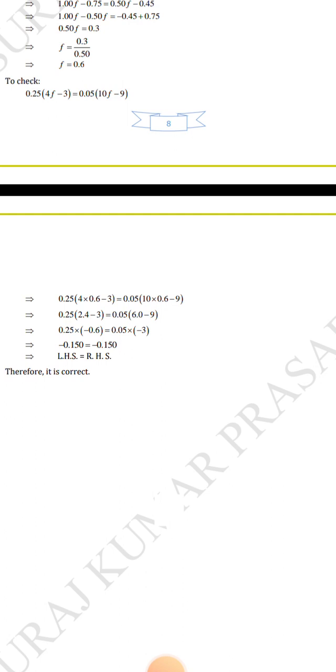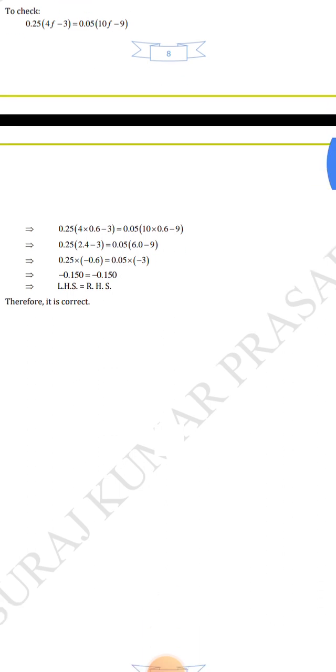Then we get 0.25 into minus 0.6 equals 0.05 into minus 3. Then we get minus 0.150 equals minus 0.150. Then we can conclude LHS is equal to RHS. Therefore, it is correct.